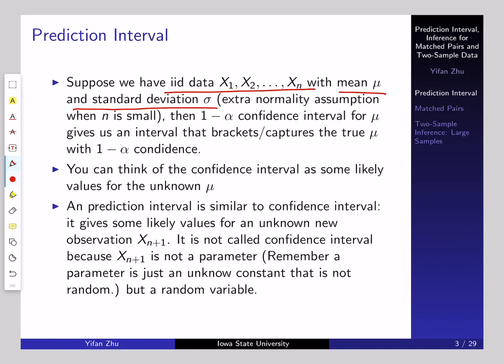And if the sample size is small, we also have an extra assumption, which is the normality assumption, where we assume each of them is IID normal mu, sigma squared. And then this 1 minus alpha confidence interval for the population mean mu gives us an interval that captures or brackets the true mean mu with 1 minus alpha confidence.